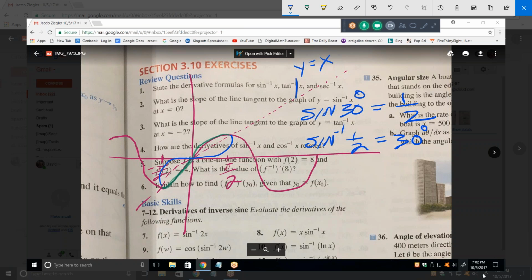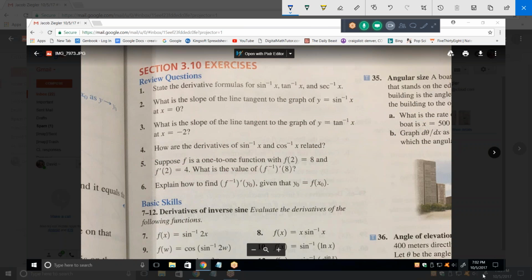So we've got some stuff to memorize here, which are the derivative formulas for sine, tangent, and secant. Now, this is a little bit like memorizing the derivative formulas for sine, tangent, and secant.